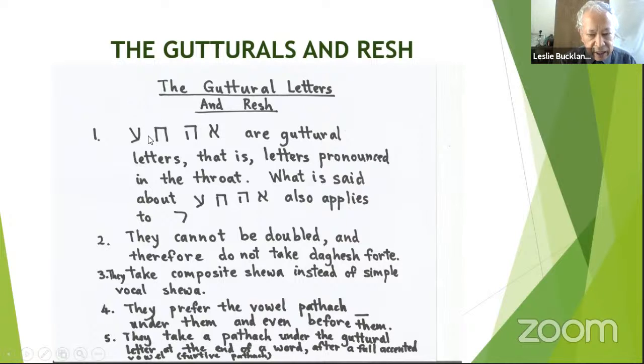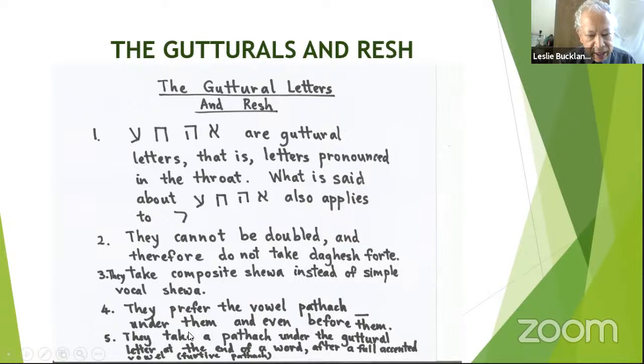Okay, and the full accented vowel, I think that refers to the long vowels, not the short vowels. Okay, so it is like the wow, which forms our shurek, or our wow that forms the holem, the long form of the holem, the long O. So when you have that, and you have the arrowhead representing the accent, and that is immediately before any of these consonants, if these consonants come at the end of a word, it will take a pathak underneath it.